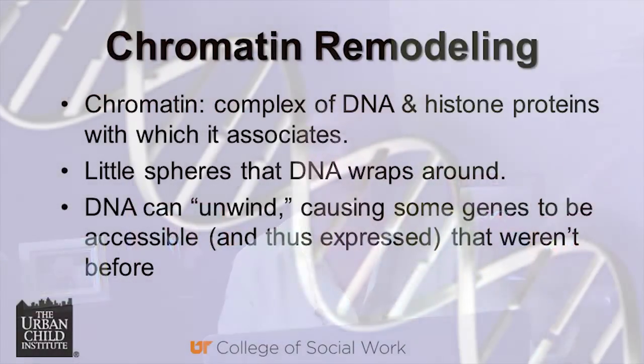Now, the other biochemical way that we understand very well is chromatin remodeling. Chromatin is just that complex of DNA and histone proteins that the DNA wraps around. They're just little spheres that help the double helix stay wound. It can happen, though, that the DNA can begin to unwind.